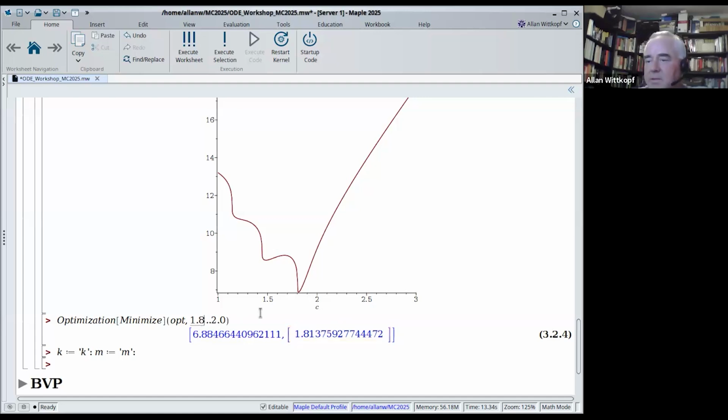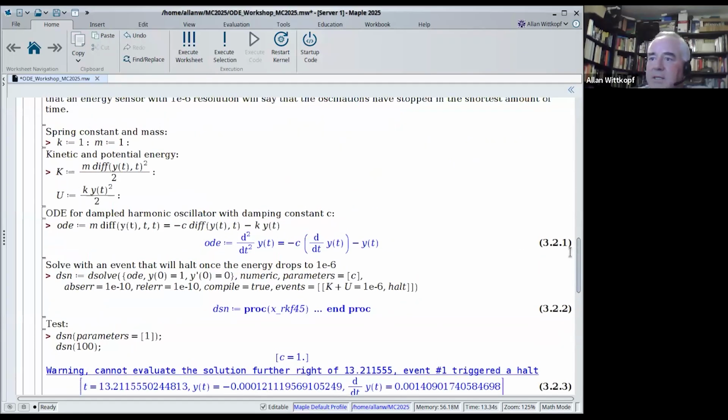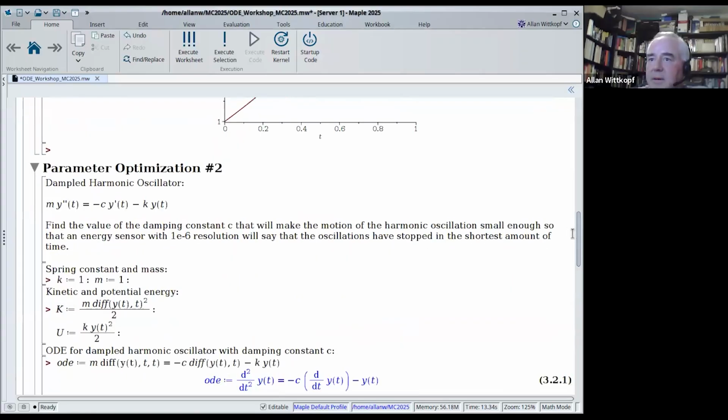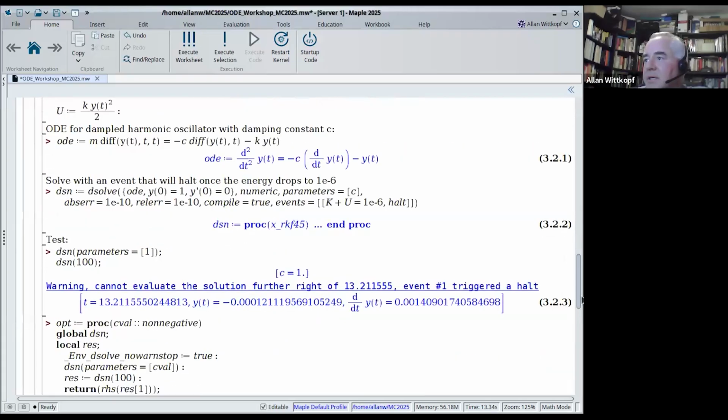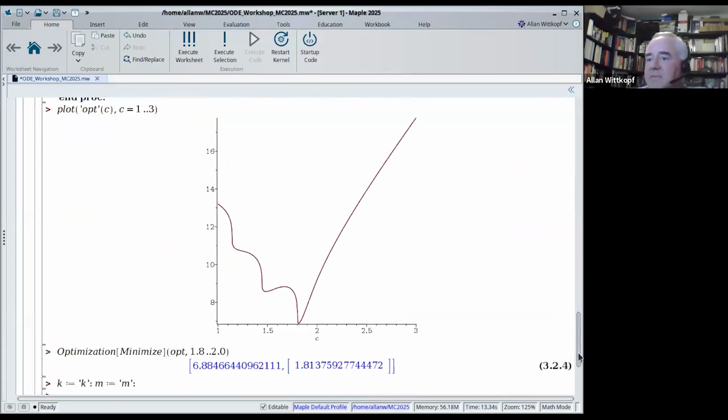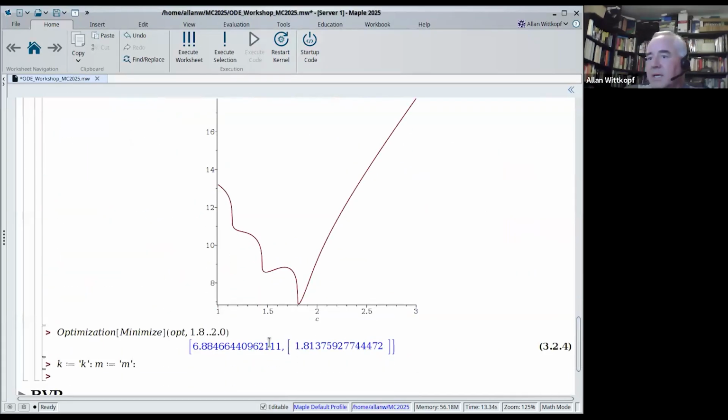Now, those familiar with this problem might know that in practical terms, the optimal value for C, for something called critical damping, where the damping occurs as rapidly as possible, is in fact normally 2.